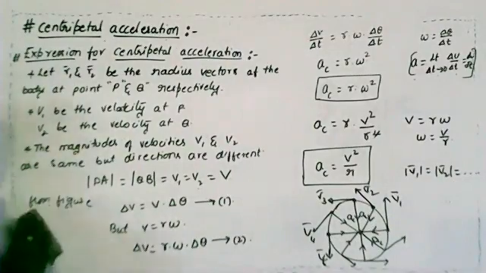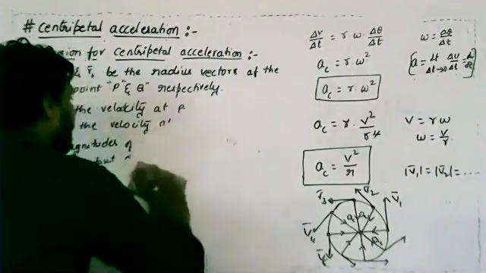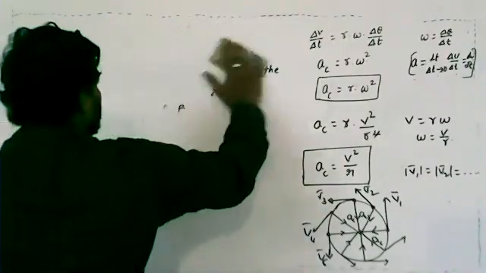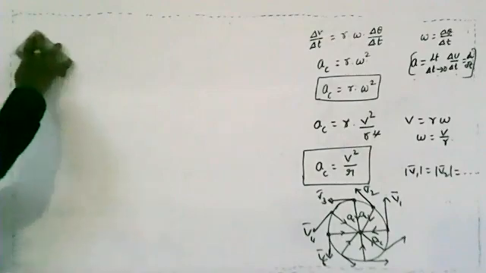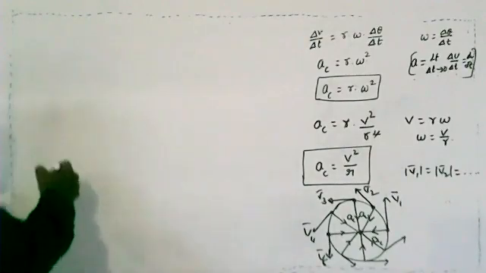Now, I'm going to discuss about the centripetal force. Clear? Now, what do you mean by centripetal force? Means the force which is always acting towards the center, that is called as centripetal force.